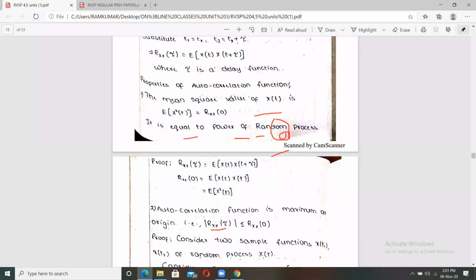The mean square value of x of t is E of x square of t. If we want to find out E of x square of t, then it is equal to R sub x double x of 0.